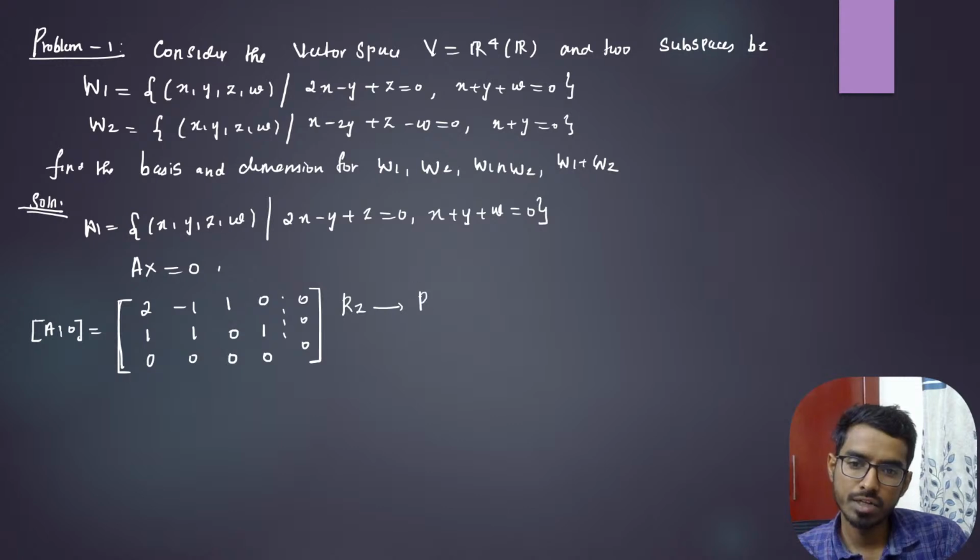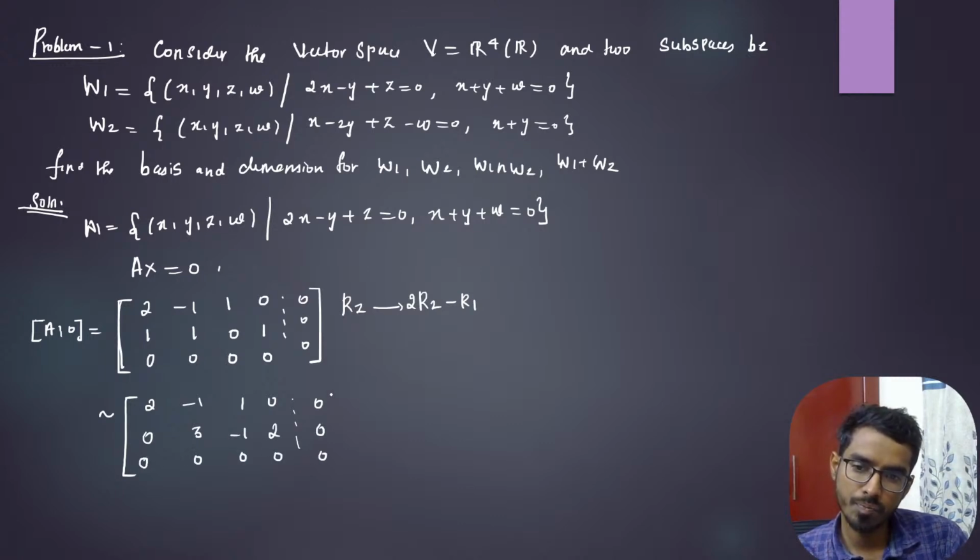So R2 is transformed to 2 times R2 minus R1. This is equivalent to 2 minus 1, 1, 0, 0. So multiply by 2 and then you subtract. You multiply by 2 and then you subtract, giving 0, 0, 0, 0.